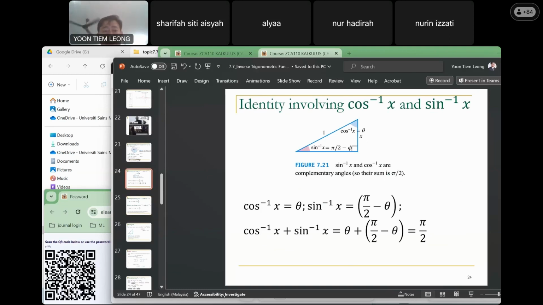So again, you construct a right triangle, then you label the angle here as theta, and the height of the triangle to be x. Once you have done that, let me write it down here and reconstruct it again. You label this angle theta, and this is 90 degrees. Then cos theta, which is the ratio of the adjacent and r, is x.